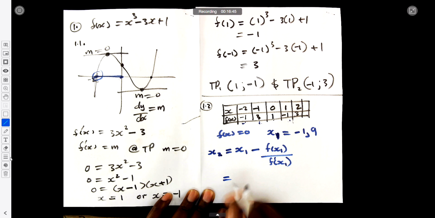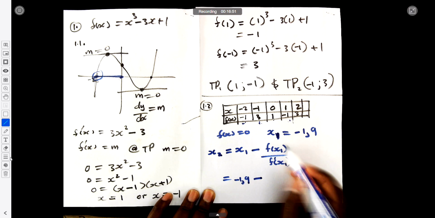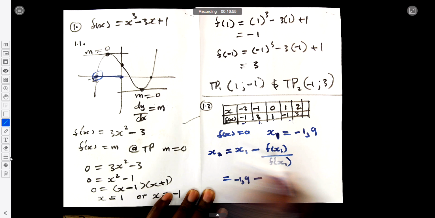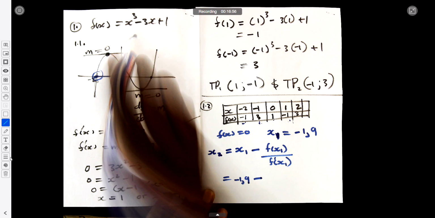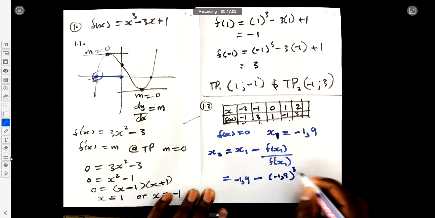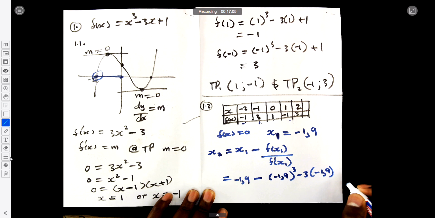Therefore, we can substitute now. The initial value is -1.9 minus, we substitute into the original equation: -1.9 to the power of 3, minus 3 into -1.9, plus 1.